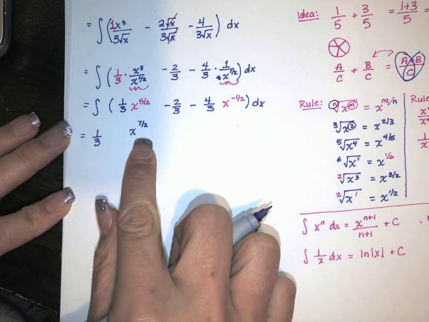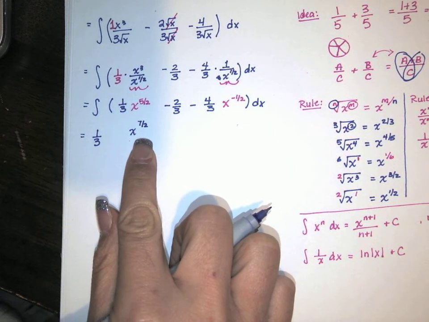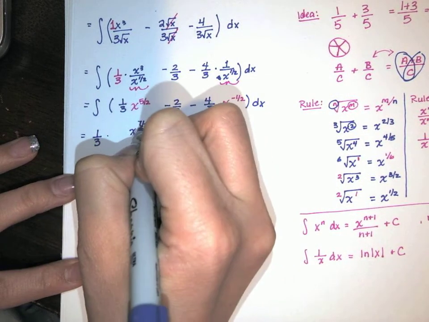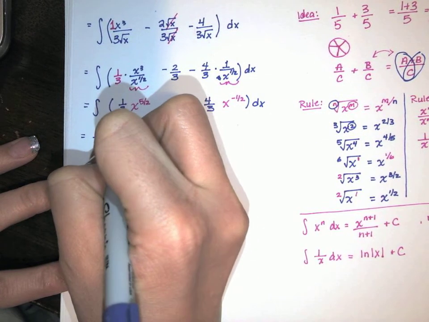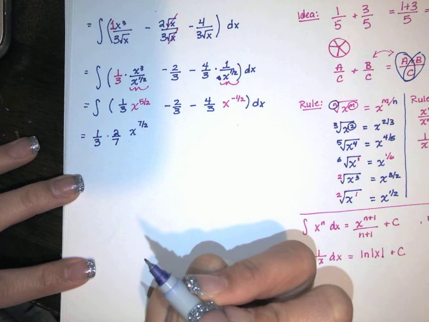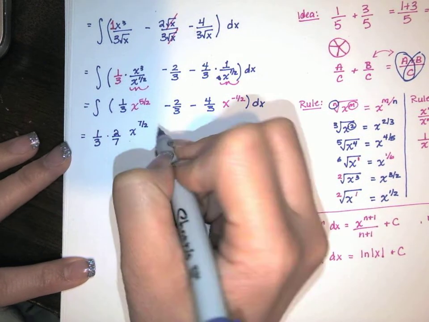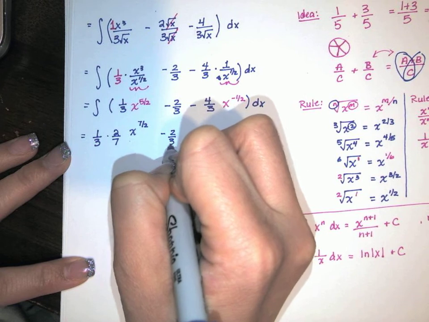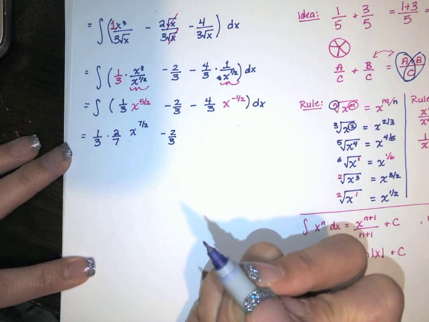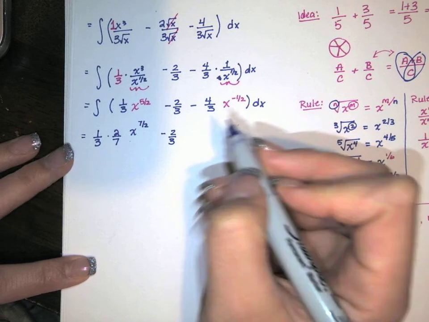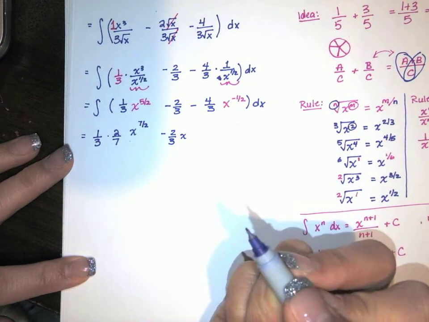Rather than dividing by 7 over 2, remember, dividing by a fraction is multiplying by the reciprocal. I'm just going to skip that step, and I'm going to multiply by the reciprocal, so I have a 2 over 7 there. Flip it and multiply. The antiderivative of a constant is a constant times your variable, whatever variable you're integrating with respect to. This is an antiderivative with respect to x, so we're going to get this constant times x.